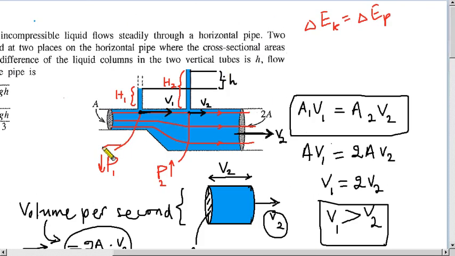Since the pressure is smaller, this height also is smaller. Why are these vertical tubes fixed?